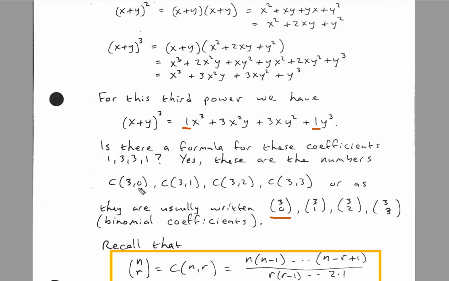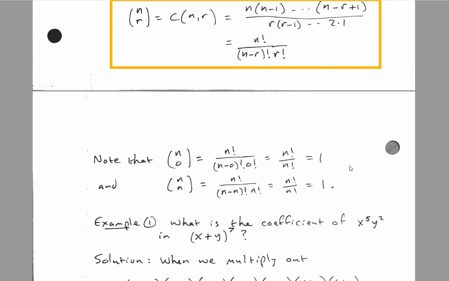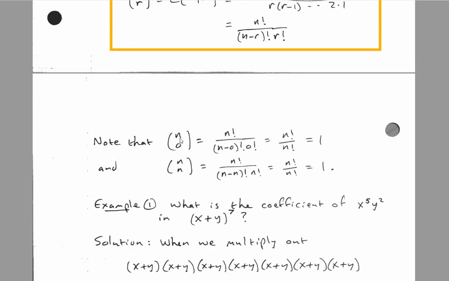So how many ways to choose 0 things from 3 things? Well, it's always going to be 1. Choosing 3 things from 3 things, that makes more sense. That is 1. Okay, so just these 2 cases.